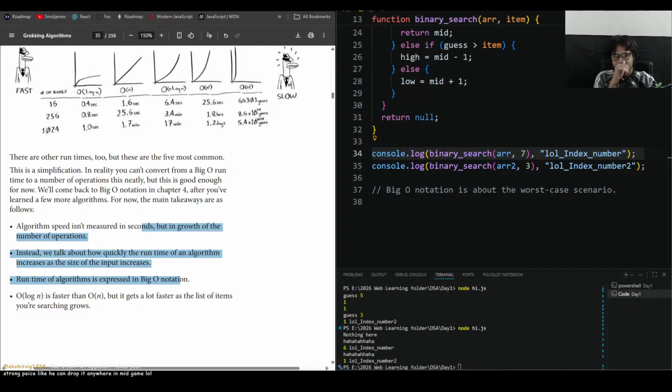You can't let the opponent take your stronger piece, because he can drop it anywhere in the mid game. This is the main cool point.